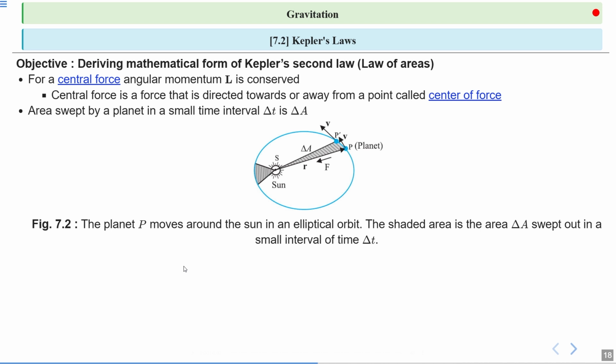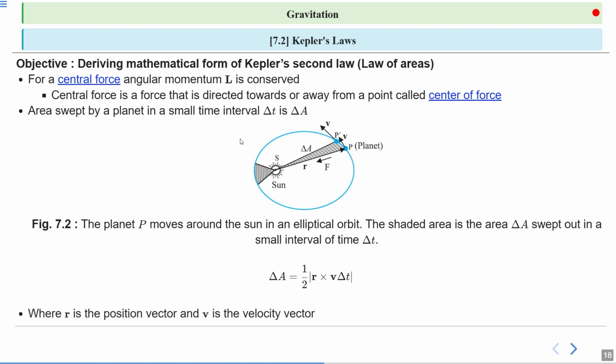So consider the area swept by a planet in a small time interval delta t, denoted as delta A. This visual representation shows a planet moving around the sun in an elliptical orbit.